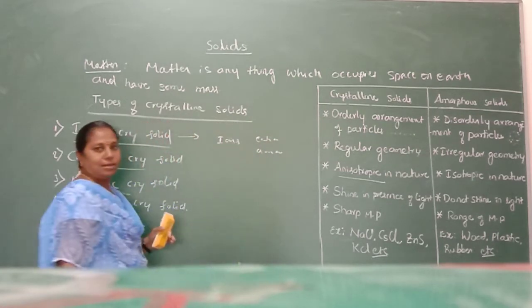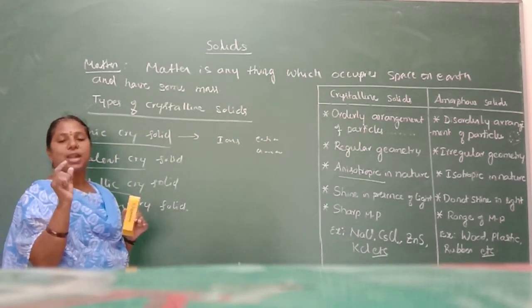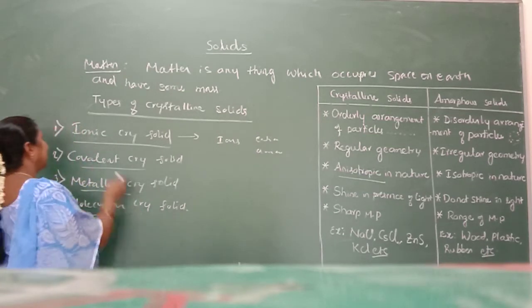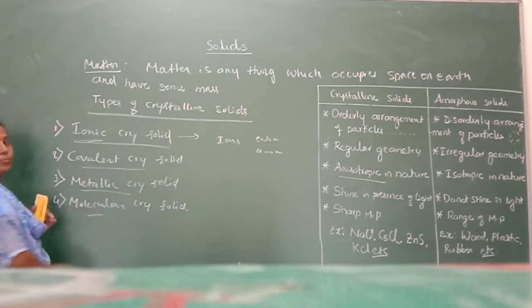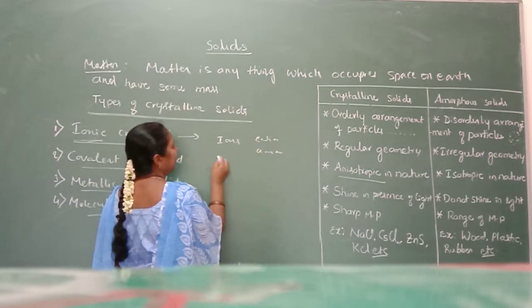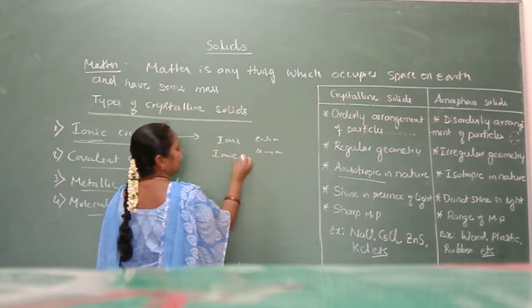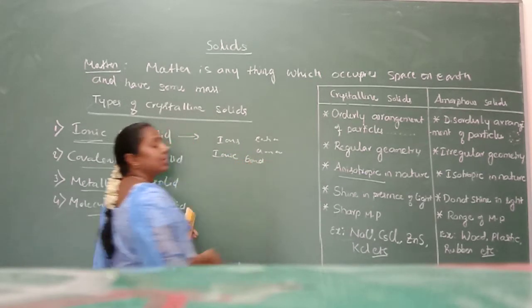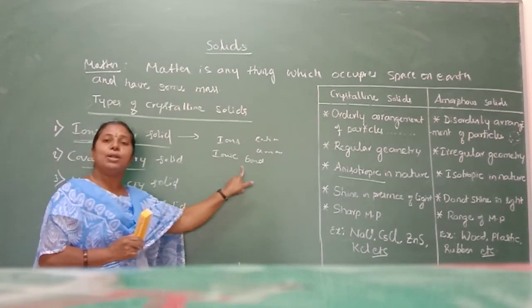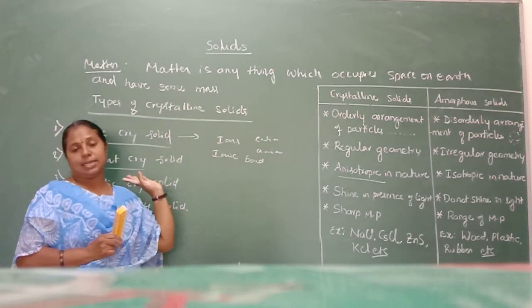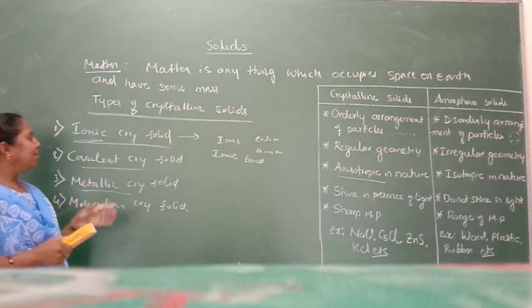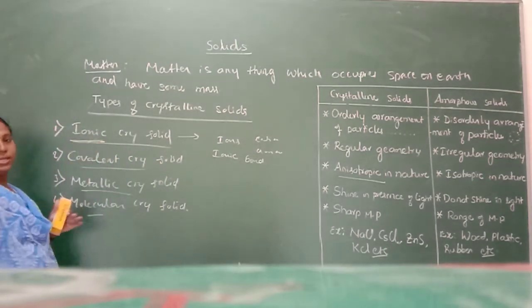In between the ions, there is some force of attraction, and that force of attraction can be taken as the ionic bond. So in any kind of crystalline solid, if an ionic bond exists between the particles, that type of crystalline solid can be taken as an ionic crystalline solid.